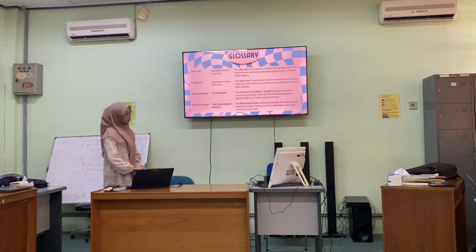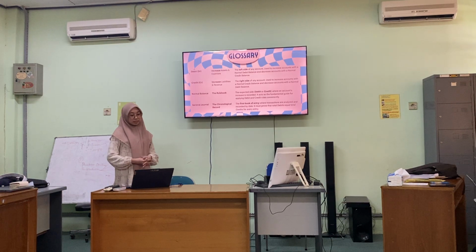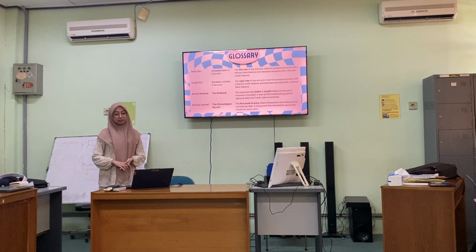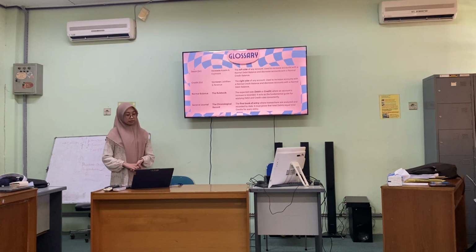Next, glossary. Debit: to increase assets and expenses. The left side of any account, used to increase accounts with a normal debit balance and decrease accounts with a normal credit balance. Next, credit increases liabilities and revenue.